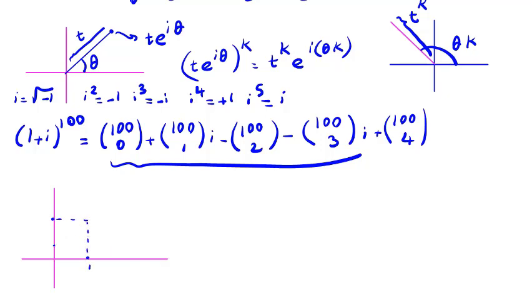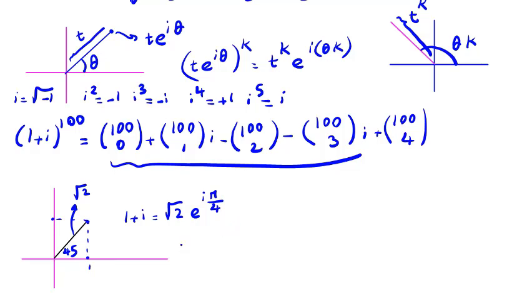So if you consider this, the angle will be 45. And here 1 plus i, this length is root 2. So 1 plus i is root 2 e to the power of i 45 degrees, or we can say pi over 4, because pi is 180 and 180 over 4 is 45.